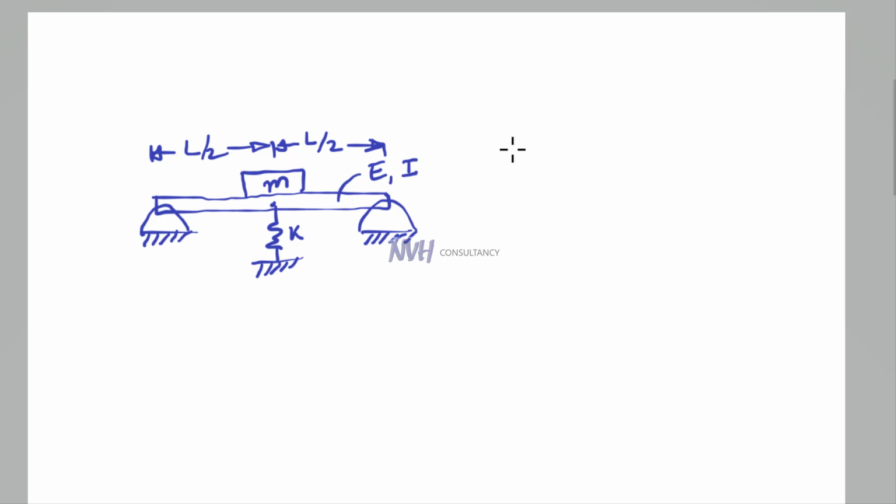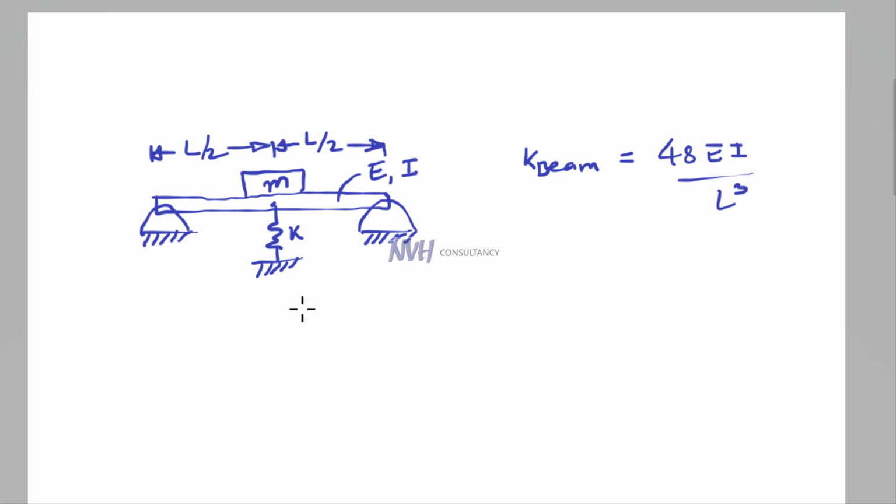The beam is simply supported, so the stiffness of the beam we can write as equals to 48 EI over L cube. Okay, so from the deflection of the beam, you can find the stiffness of the beam.